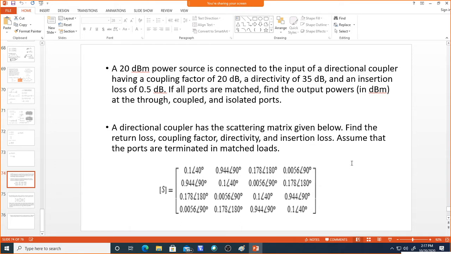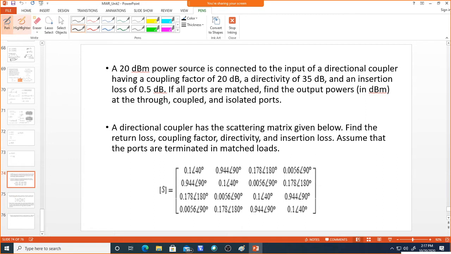Now, what is the equation for return loss? Return loss is minus 20 log of gamma, the reflection coefficient.